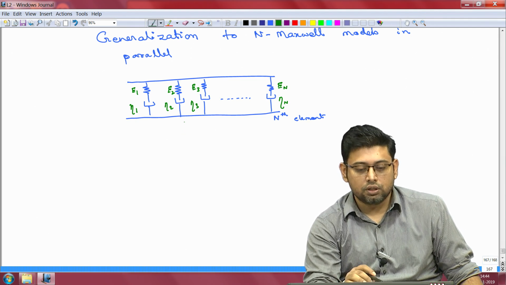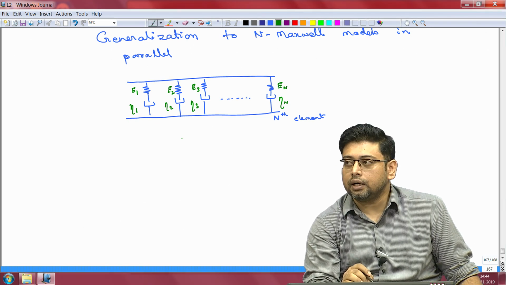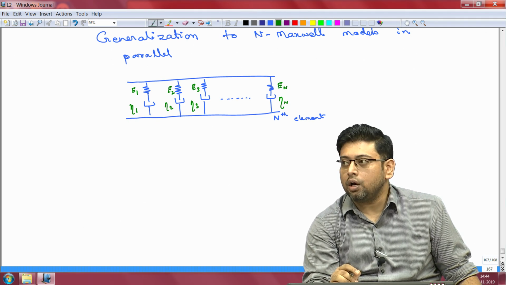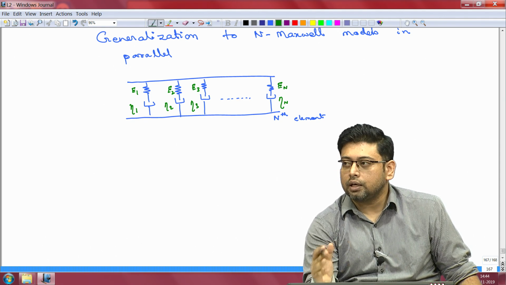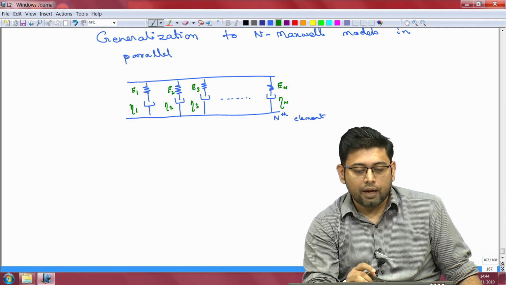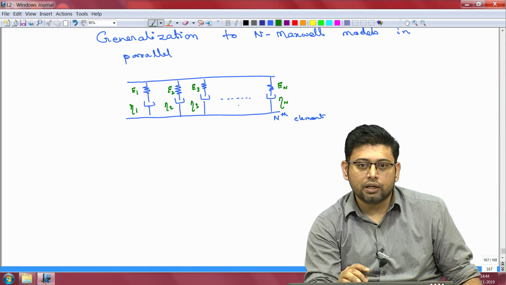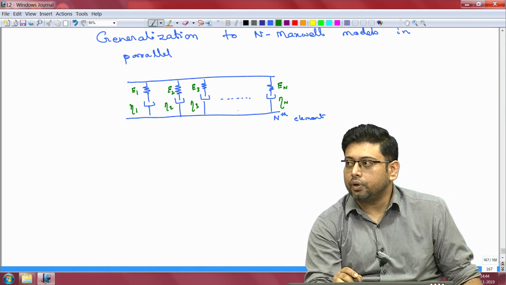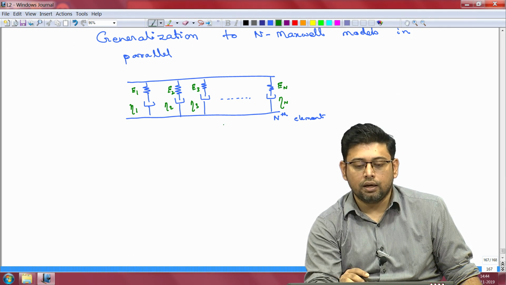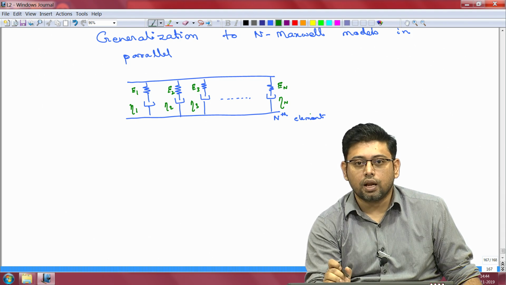However small the force is, the dashpot will result in a motion such that its displacement will not be constrained with time. It will keep on moving as long as the force is applied. So, each of these elements individually will keep on acting like fluids, and this entire thing taken together will also act like a fluid. So, this model is appropriate for a viscoelastic fluid.